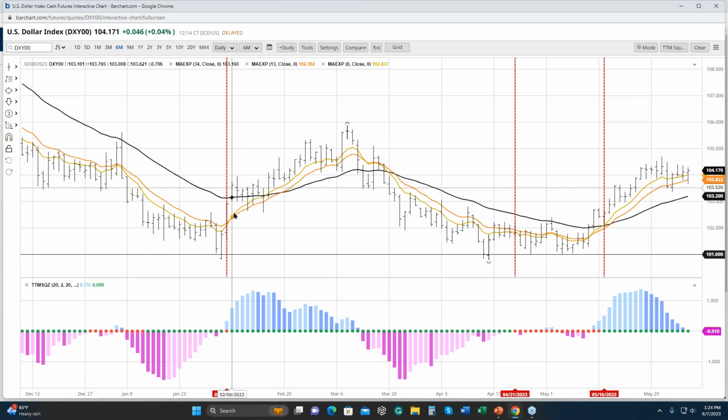So in this case, if we use that system, we would have been into this trade all the way up to this first moving average here, or this second one here. So we would have been in the trade a lot longer. But if we look at this trade, you can see that here we got our 2 blue bars.